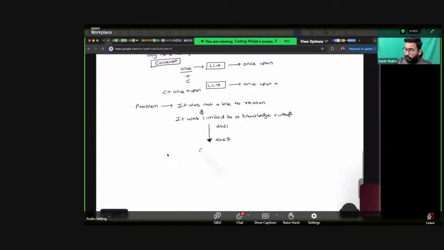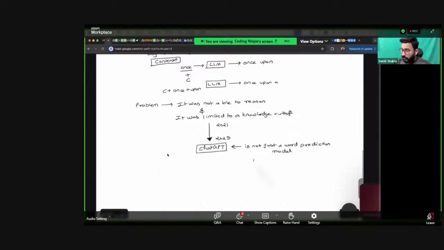So now the model which we use, ChatGPT 5, is not just a word prediction model. It is basically a model that can reason, meaning it can plan.